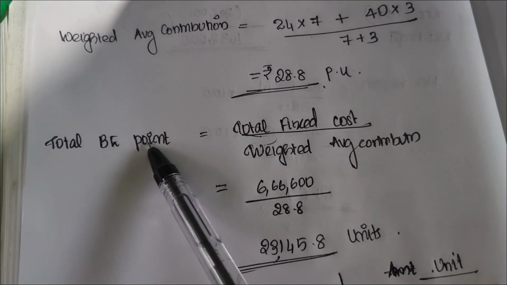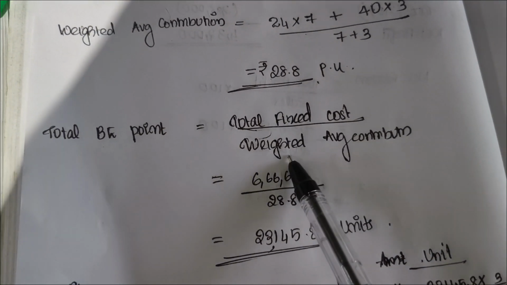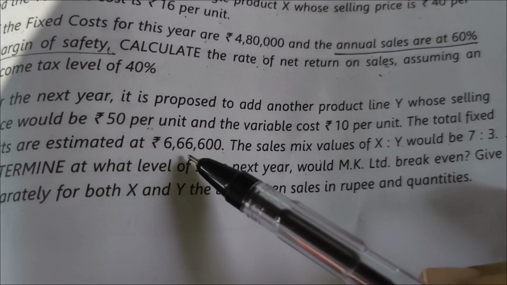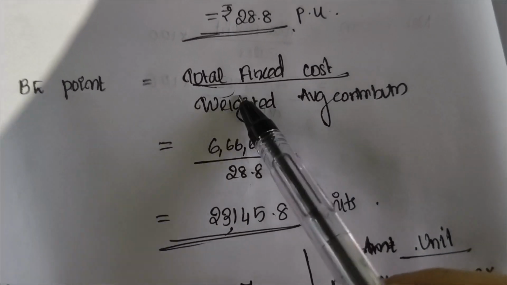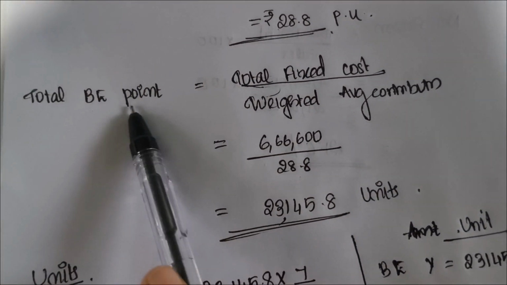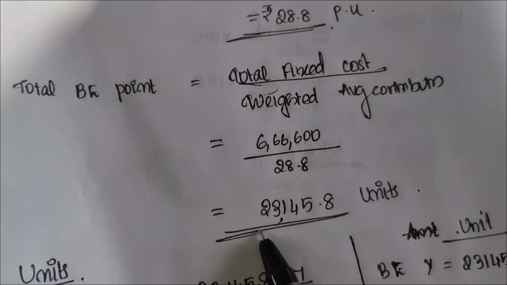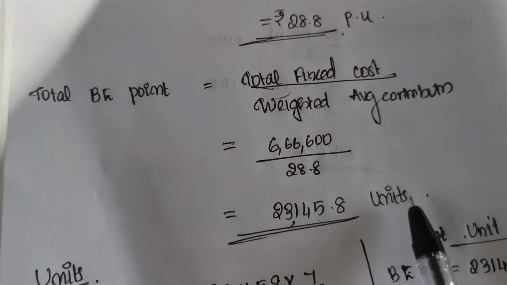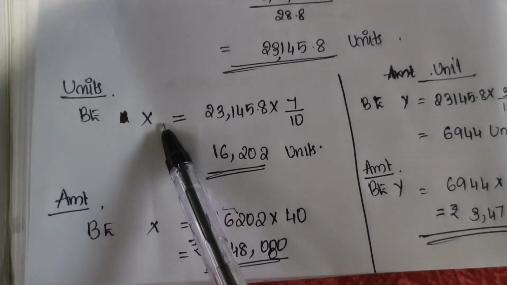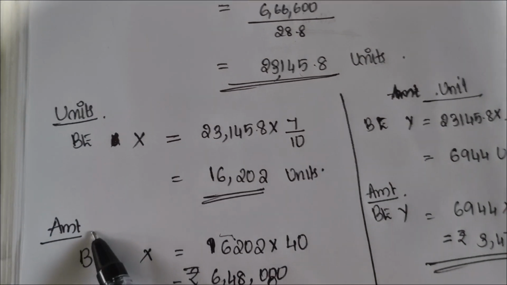Now we can find the break-even point: total fixed cost by weighted average contribution. Total fixed cost is given in the question as 6,66,600. That divided by weighted average contribution 28.8, we will get the total break-even point as 23,145.8 units. Now we can find the break-even point of X in both quantity and amount.